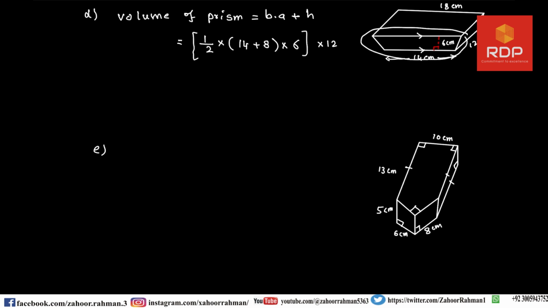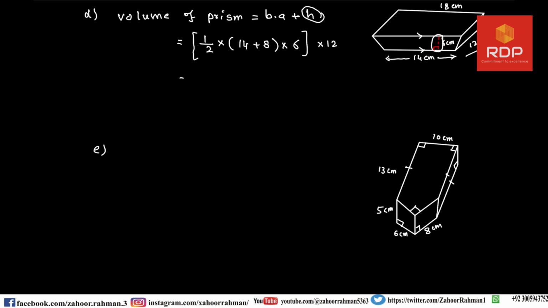This area is the trapezium, two parallel sides, one is 14 and the second one is 18. You can see that the parallel sides, one is this and one is this. These are to be added, and then height is this one. So we have to multiply with the height 12 to get the volume of the prism.